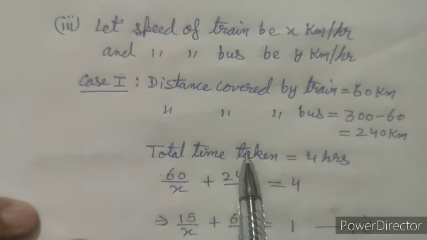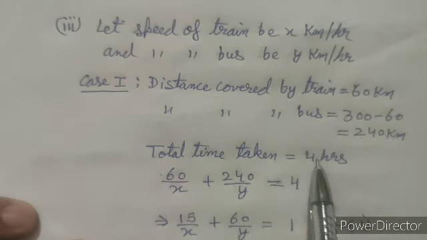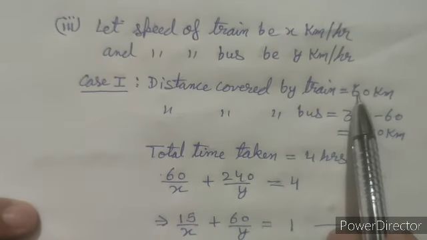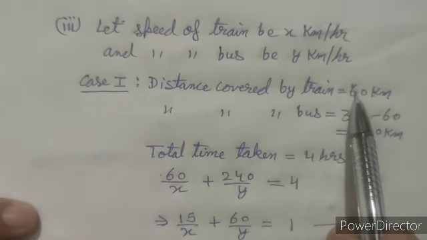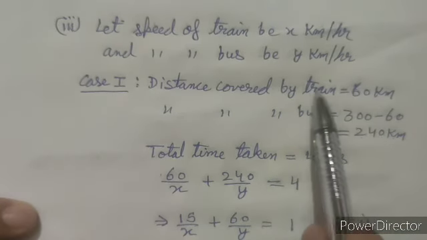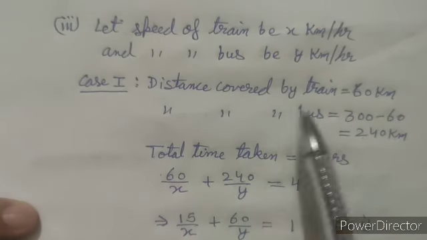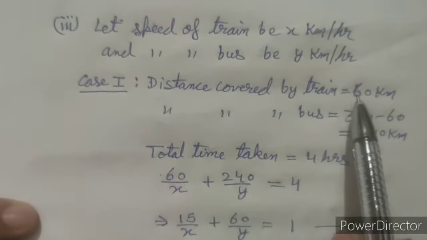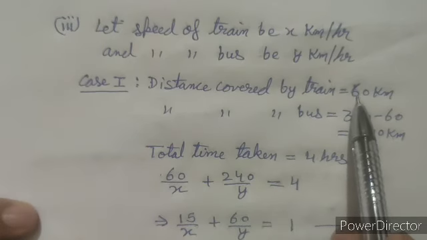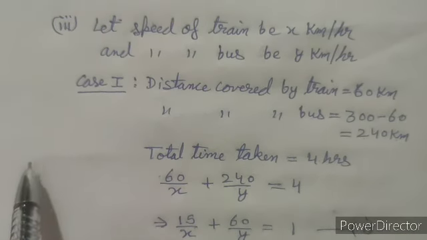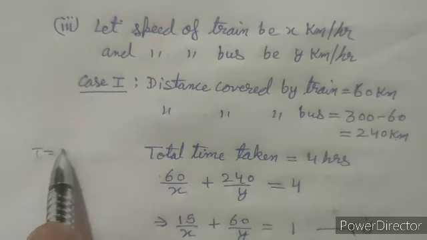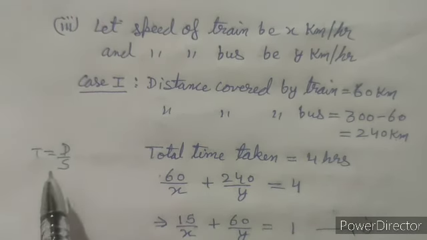Now the time taken to travel by train will be 60 upon x, as the speed of train is x km per hour, and as you know, time is equal to distance upon speed.